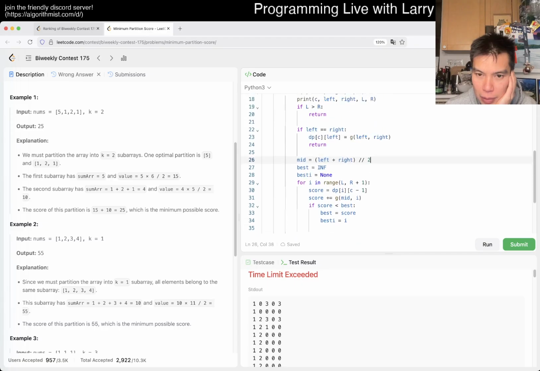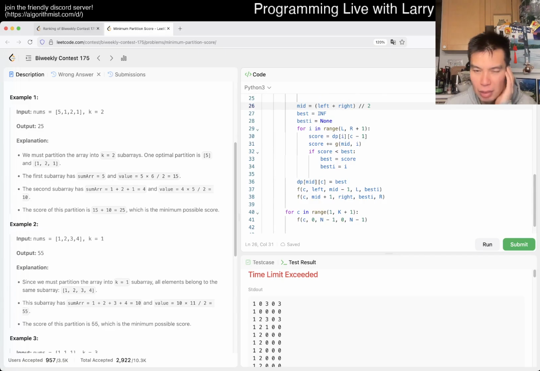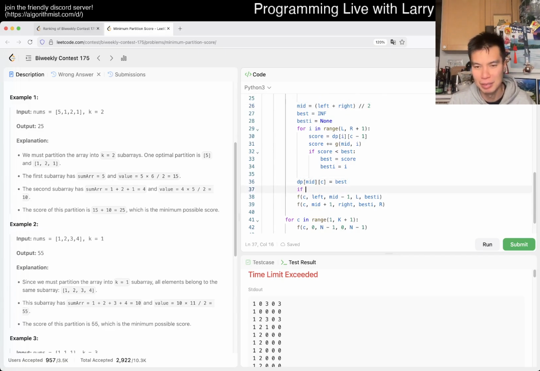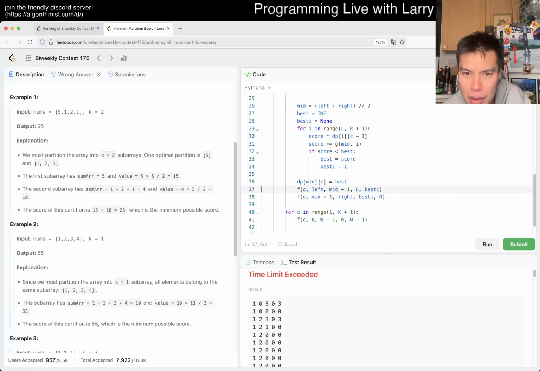This mid is probably going to be... Oh, I guess I have to do some... I'm just dumb, maybe. Does that make sense? It doesn't make sense, does it? But mid, okay, so 2, 3 mid is going to be 2, right? I mean, I expect like a 2, 2.